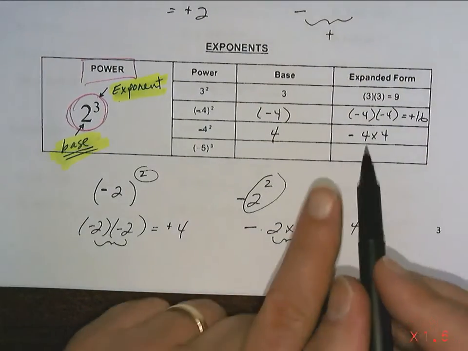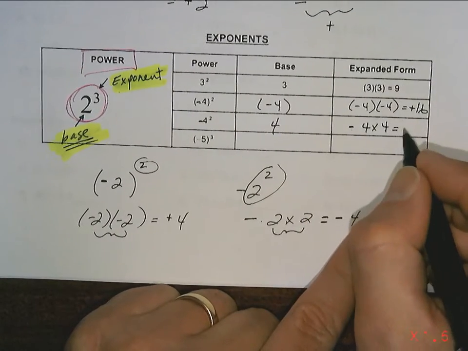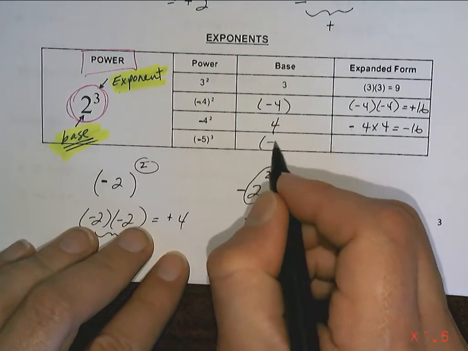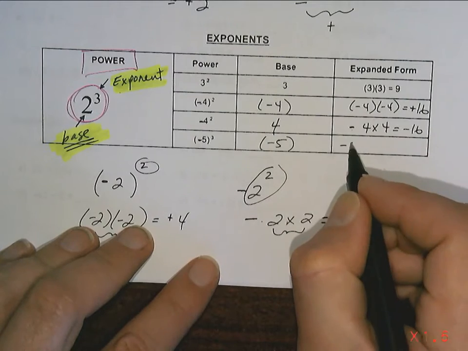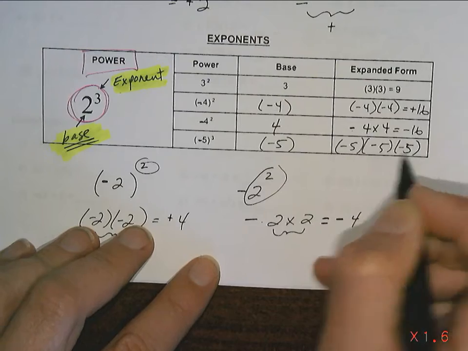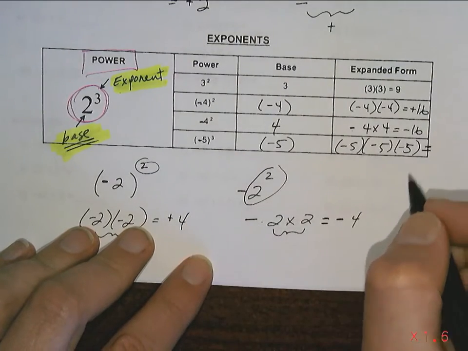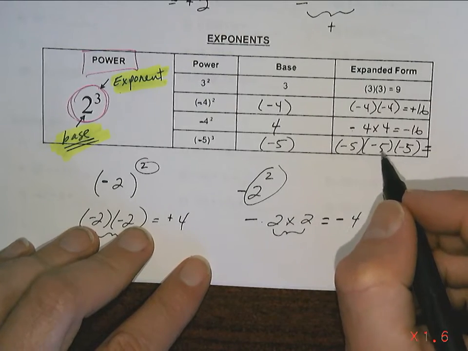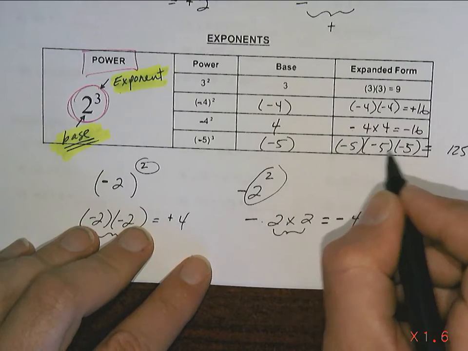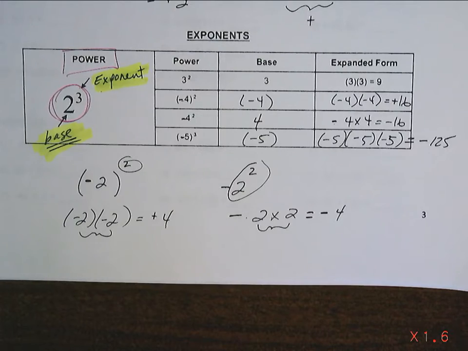Or another way to think of it as 4 times 4 with the negative on the outside. But yes. -5 is the base here. So this will be -5 times -5 times -5, because there's 3 of them this time. The exponent's 3. So that'll be 5 times 5 is 25, times 5 is 125. Negative and negative is positive, times negative is negative. There you go.